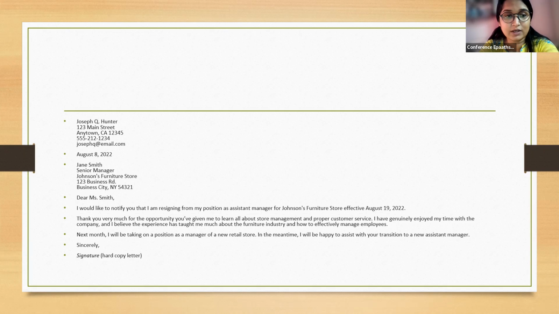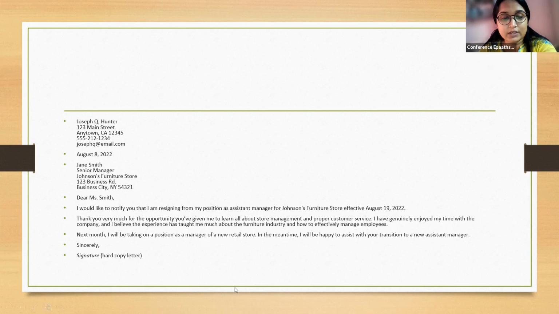So Joseph Q. Hunter, Main Street. This is the address of who is writing the letter. Date. Then he is writing the letter to the senior manager, and the address is also given. So, dear Mr. Smith, salutation and greetings are given. I would like to notify you that I am resigning from my position as assistant manager for Johnson's Furniture Store effective August 19, 2022.